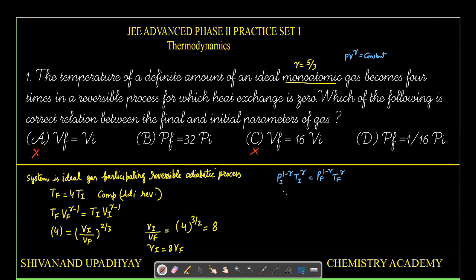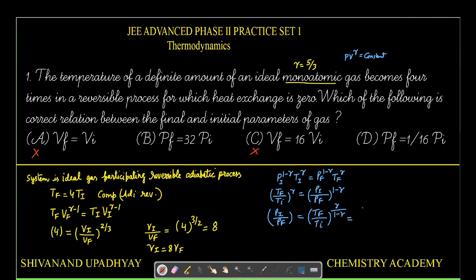Now if I put the value over here, I can write that T final upon T initial to the power gamma is equal to P initial upon P final to the power 1 minus gamma. So from here, if I simplify, I can write that P initial upon P final is equal to T final upon T initial to the power gamma upon 1 minus gamma, and the value of gamma is 5 by 3.